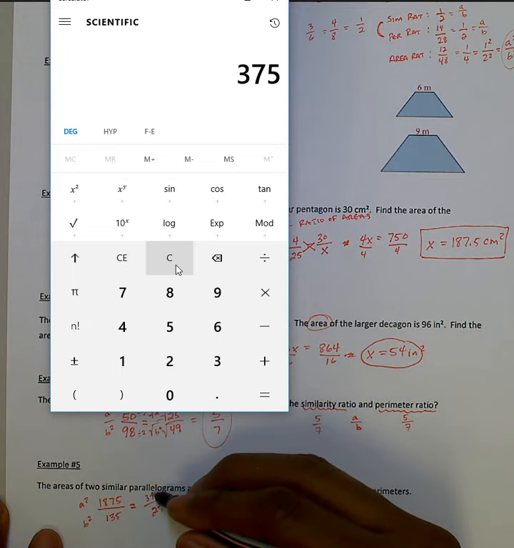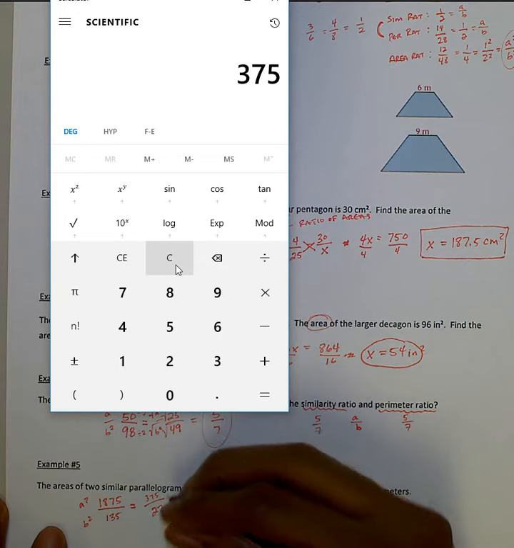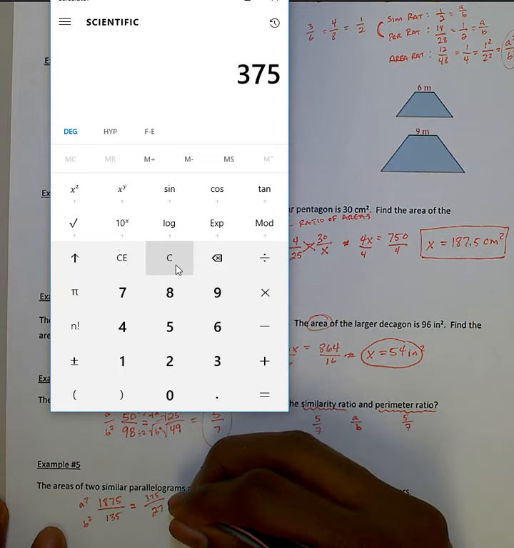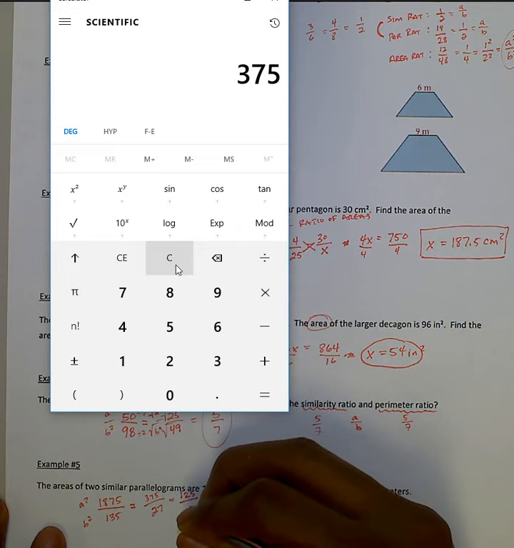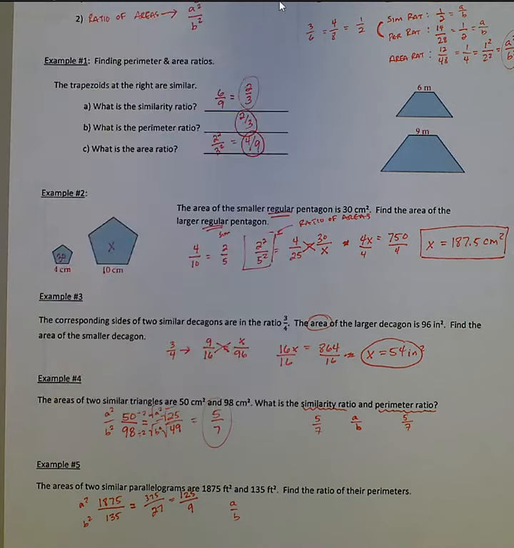I know that this simplifies by 3 because 3 plus 7 is 10, plus 5 is 15. Any number whose digits add to a number divisible by 3 is divisible by 3. Kind of a trick I picked up. Once I divide that by 3, I get 125. 27 divided by 3 is 9. Okay. So now I have 125 over 9. I know I can't simplify that any further.